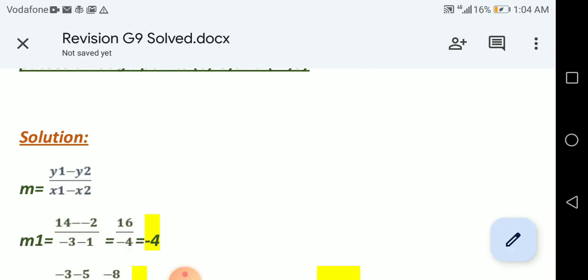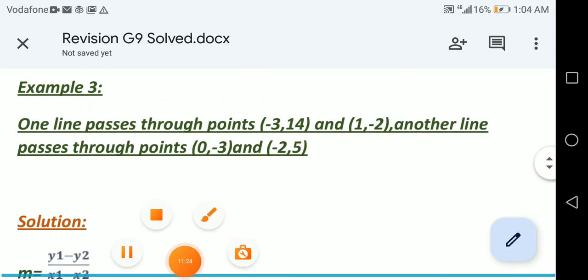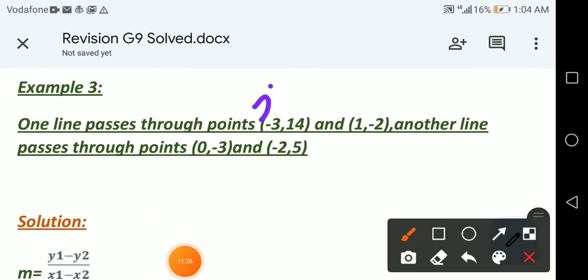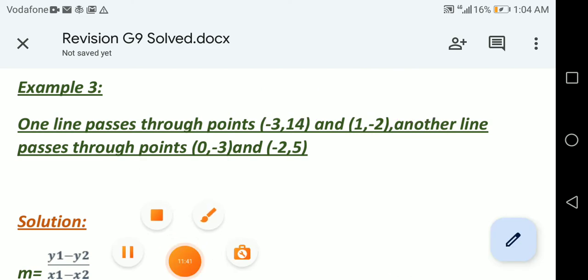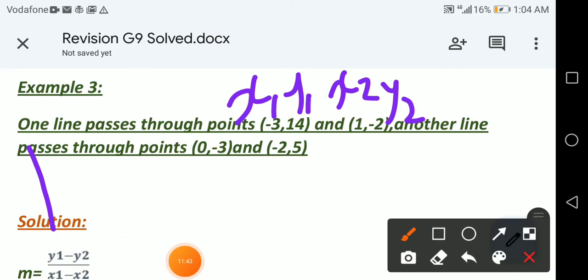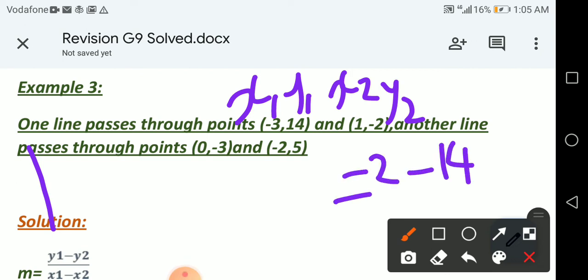Okay, guys, where are the x's and the y's? Here I have x sub 1, y sub 1, x sub 2, y sub 2. Easy one, I think. So I can say negative 2 minus 14 over 1 minus negative 3.